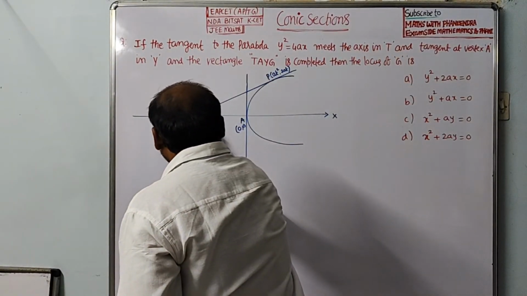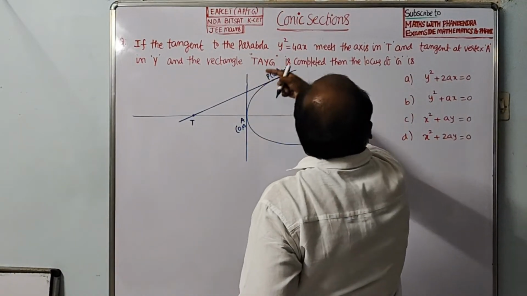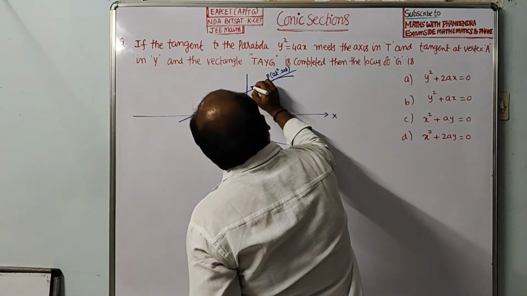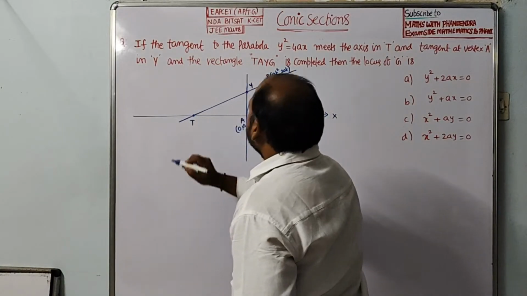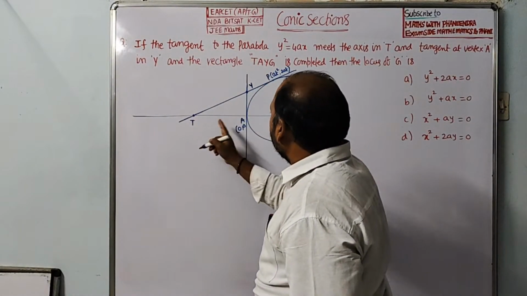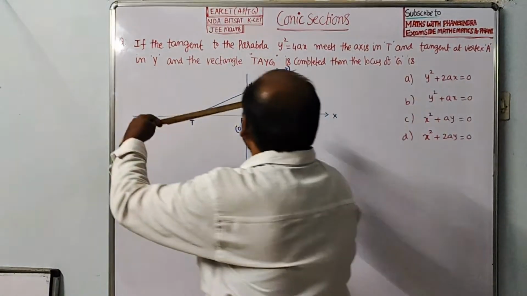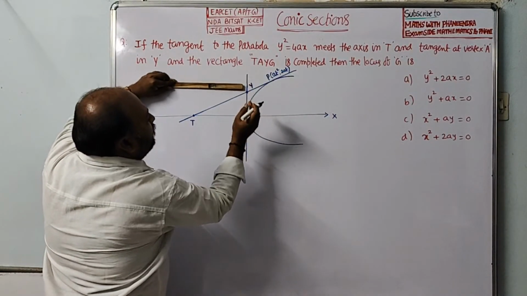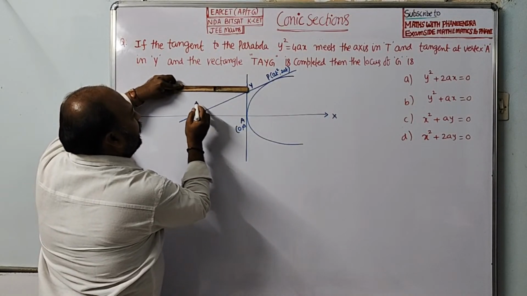This point is T, and the tangent at vertex, this one, is Y. They are asking to find the rectangle TAYG. TAY is there, G is not there, so you can make it a rectangle and complete it. This is the rectangle.